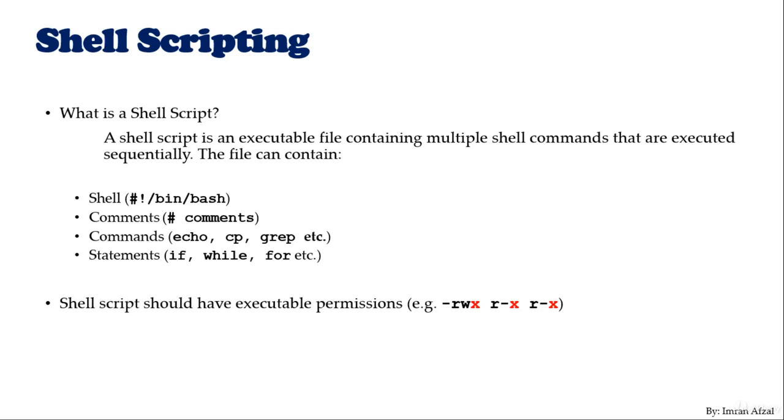So if you go back to the executable permissions learning that you had, you'll remember that the third bit in a file is always executable, which is X, and on the group is X, and on the others is X. So in order for a script to run, it has to have this X bit on it.